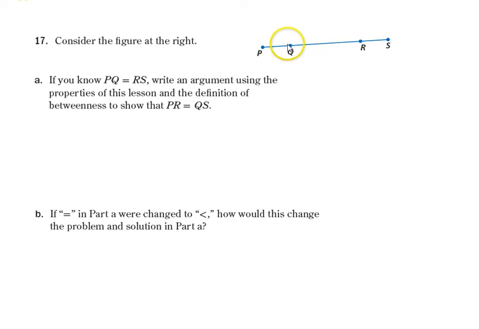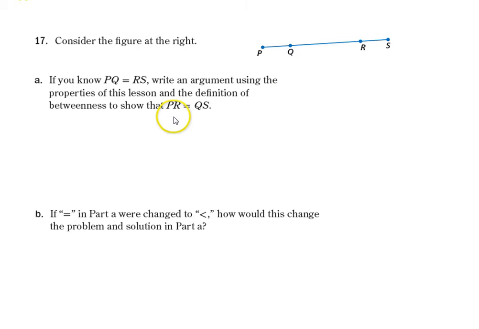We know that PQ is the same as RS because we're told that. If we take PQ and extend it to PR, all we're doing is adding QR to PQ. If we take RS and extend that to be SQ, then all we're doing is adding QR to RS.